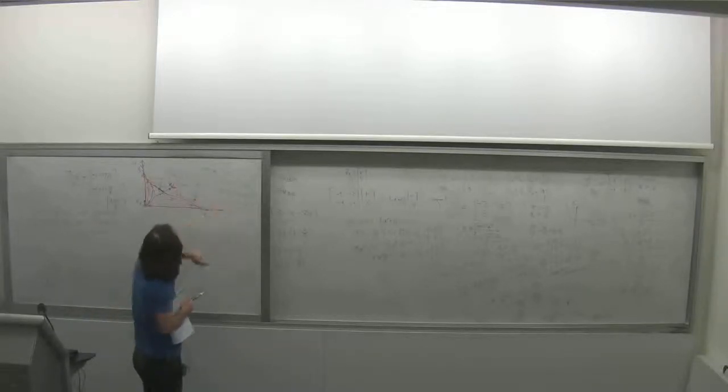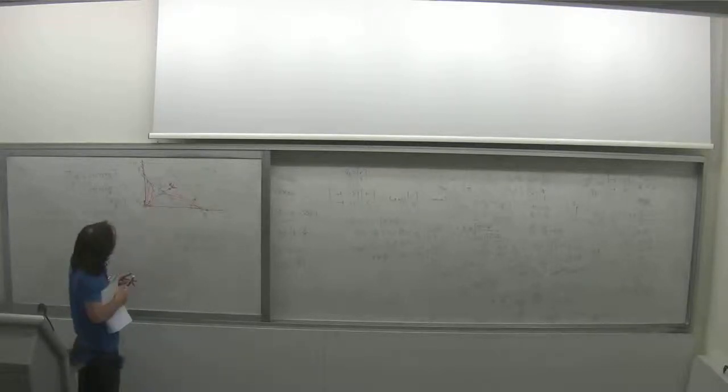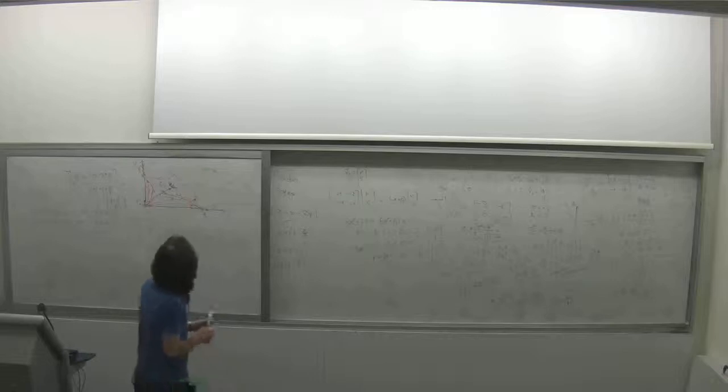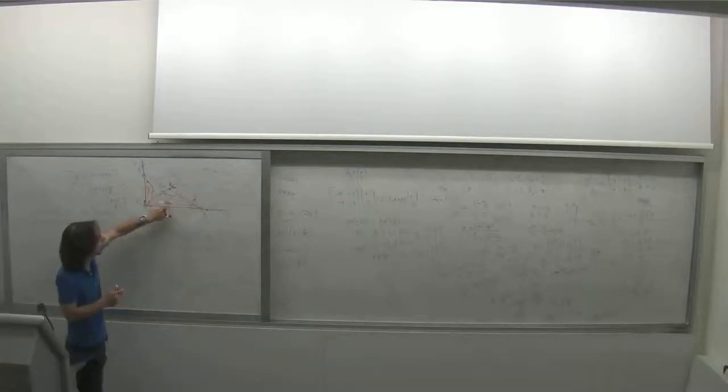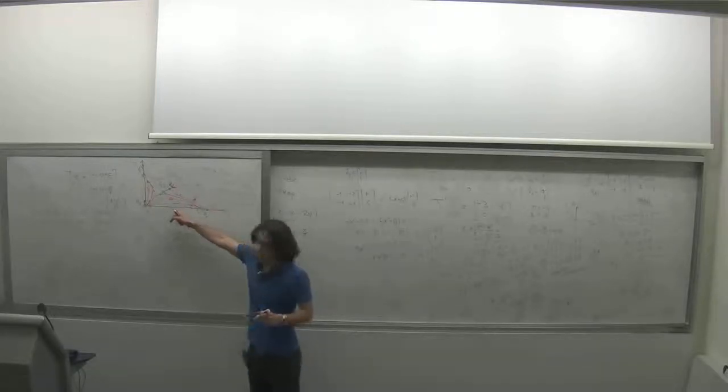Let's start with x equals 2 minus y. So we should start from here and go here. So my drawing was inaccurate. First, for this part, the crossing should always be horizontal here.